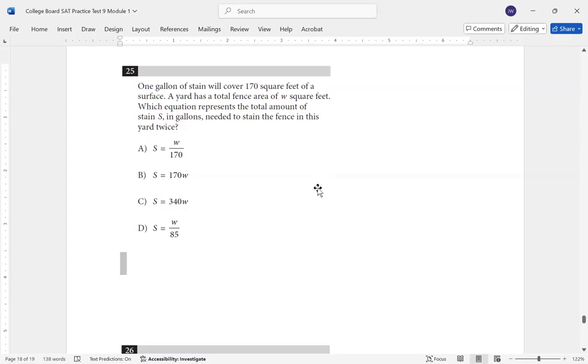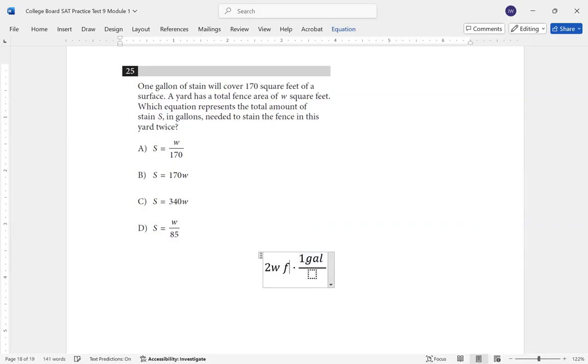So what I would do is say we want to paint 2W square feet. And we know that 1 gallon covers approximately 170 square feet.